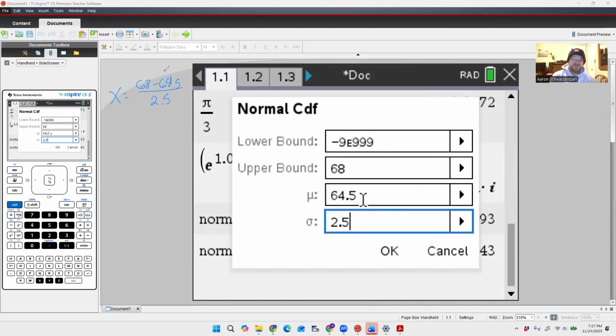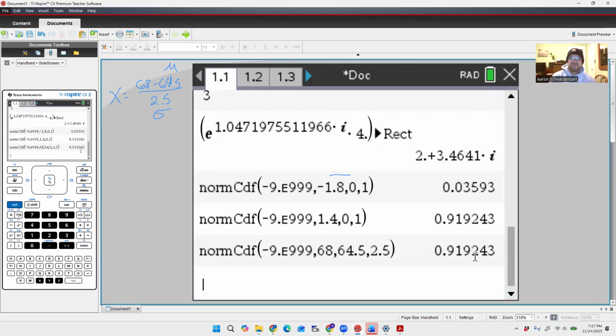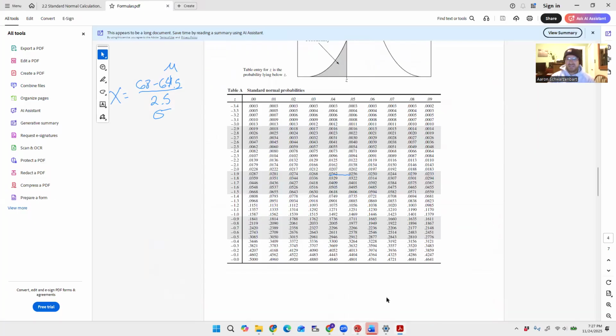So I just changed my mu and my sigma here, and I entered my x. And it'll do it all for me. Same thing. So we've now been able to classify a percentile for a person's height.